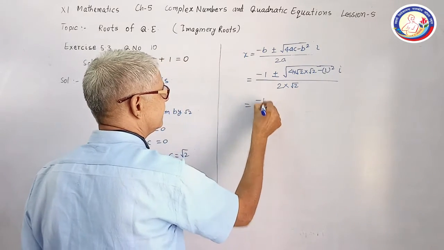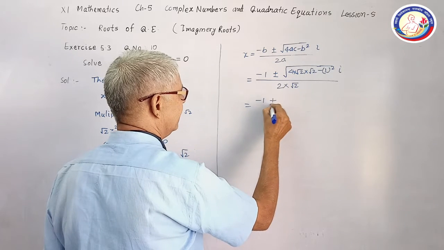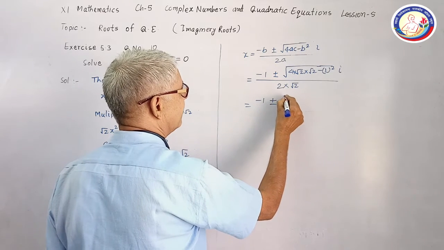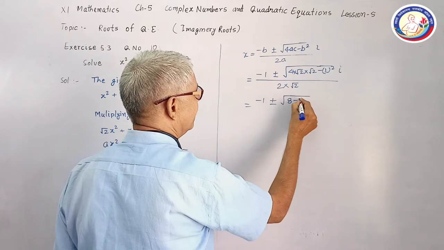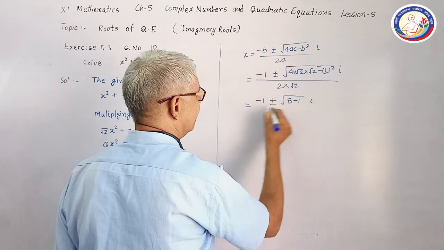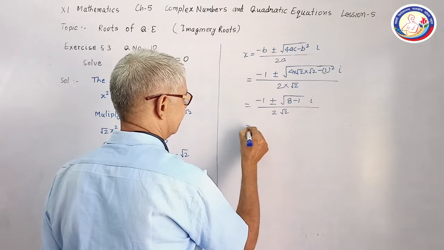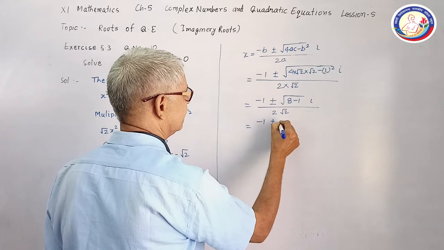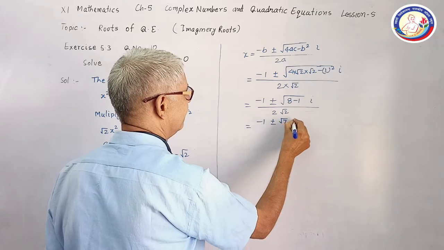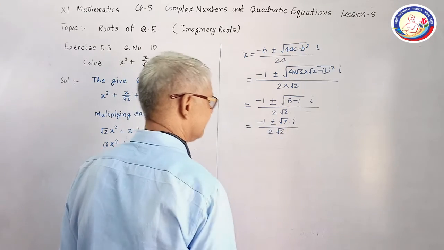Solve it. Simplify this, we will get plus minus square root of 8 minus 1 iota divided by 2 root 2. We will get minus 1 plus minus square root of 7 into iota divided by 2 root 2.